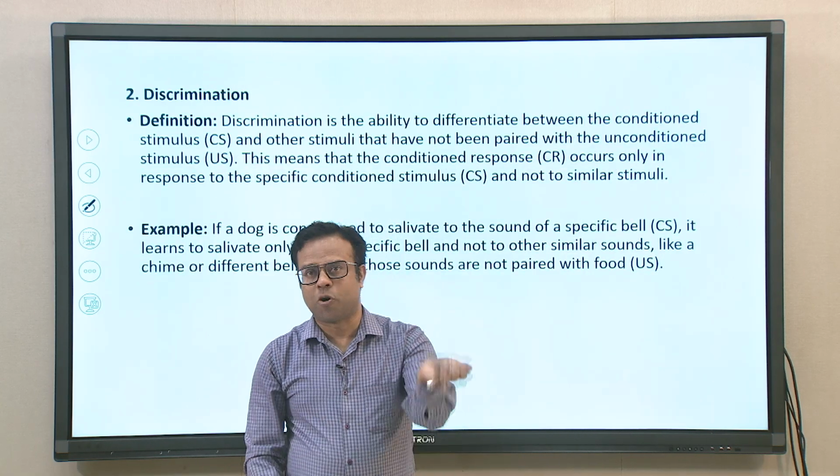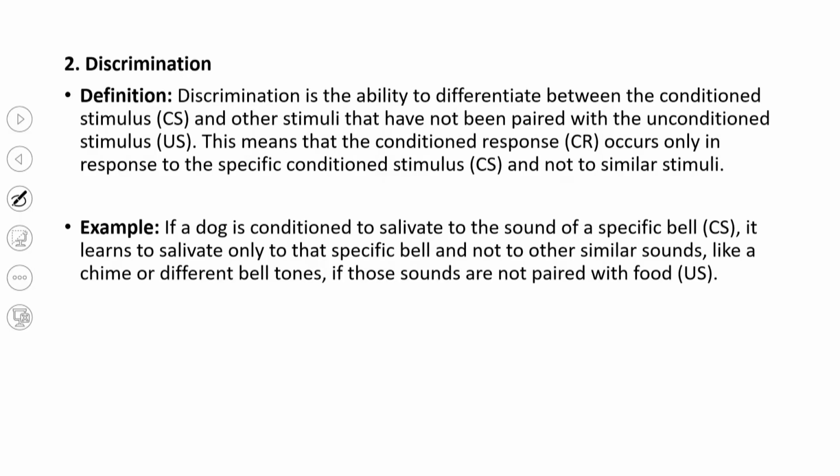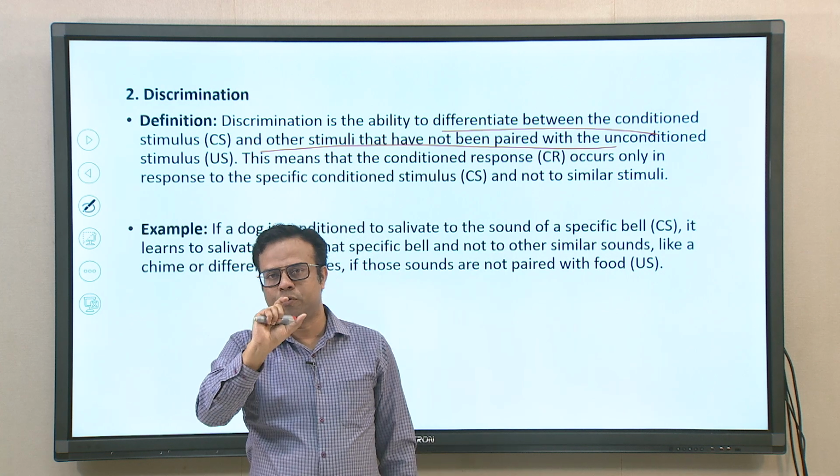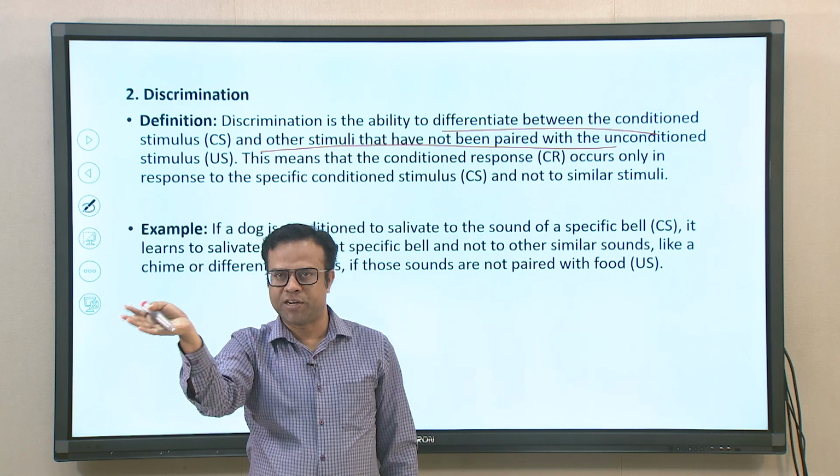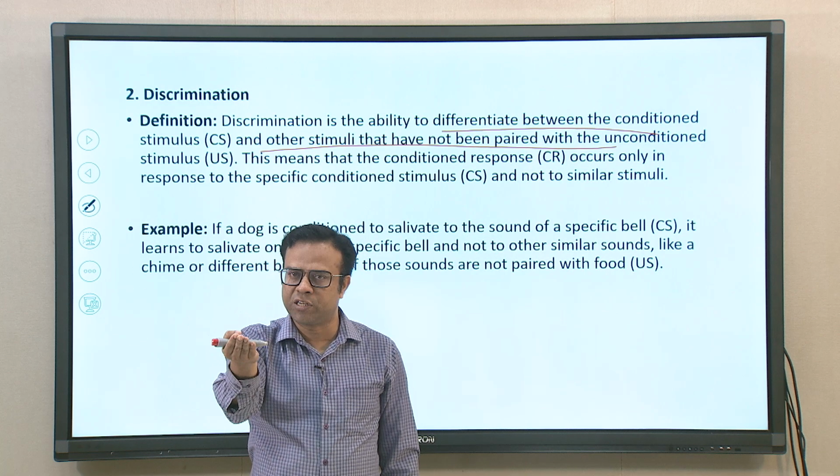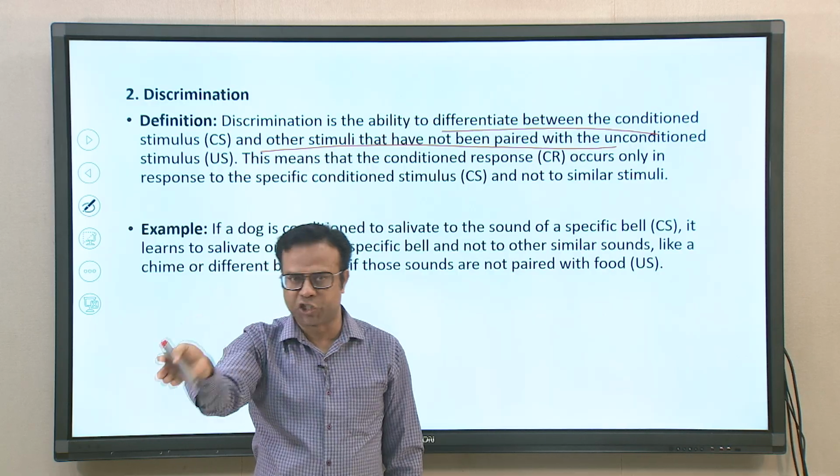Then discrimination is just the opposite of that. Sometimes you learn to discriminate and you are conditioned to a particular kind of stimuli, not any other similar stimuli. So, that is called discrimination. Discrimination is the ability to differentiate between the conditioned stimulus and other stimuli that have not been paired with the unconditioned stimulus. So, you are very specific, responding to only those stimuli which were present during the conditioning.